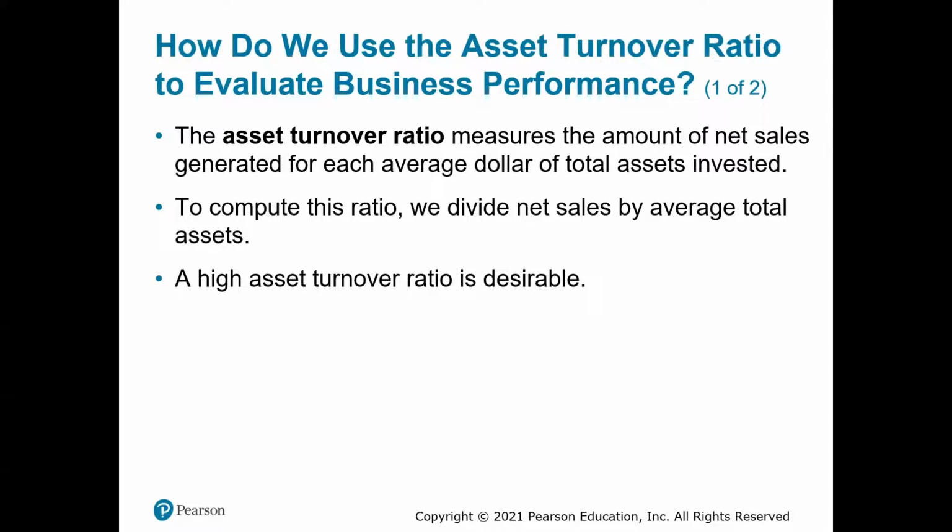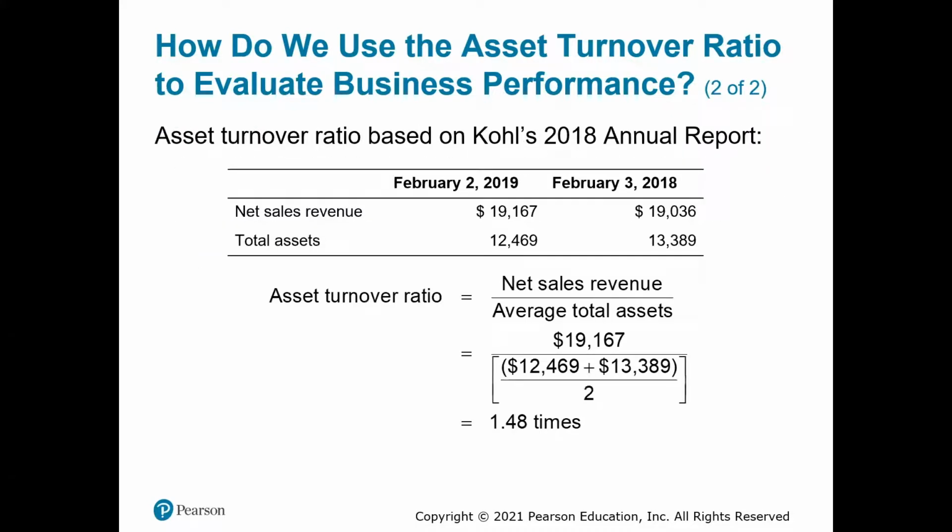So asset turnover ratio is equal to net sales divided by average total assets. Average total assets is equal to beginning of period total assets plus end of period total assets divided by 2.